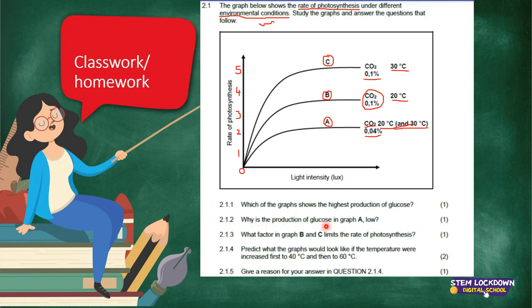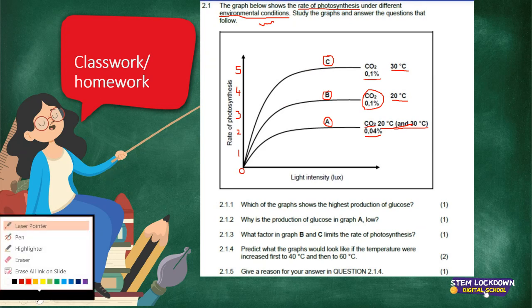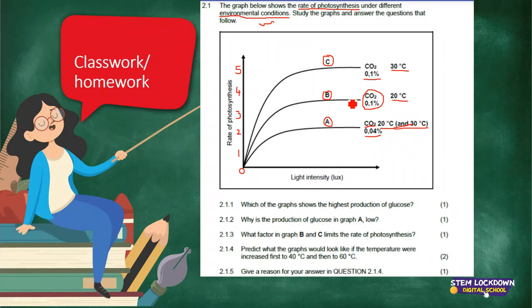We had another answer which said C. Okay, so to the person who answered C, let's just explain this quickly. See here, the concentration of carbon dioxide for graph C is at 0.1. And here, at graph A, the concentration of carbon dioxide is at 0.04. 0.04 is lower than 0.1, and even here we have 0.1, right?